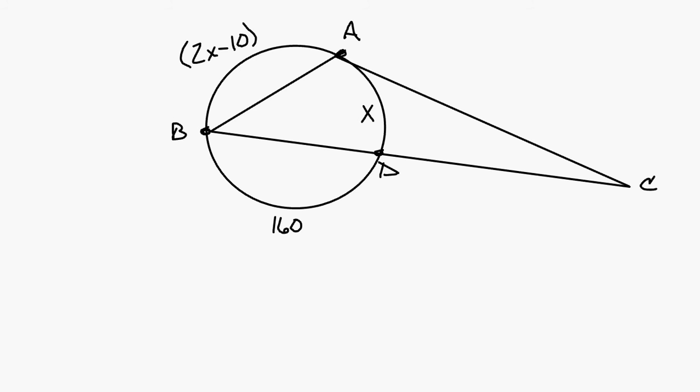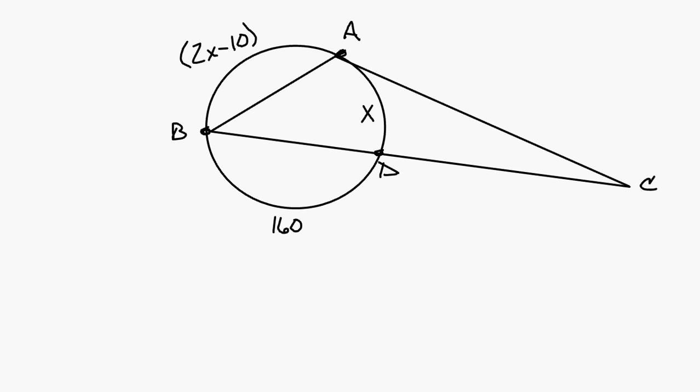You have A to D, and so that's going to be the measurement for angle C. You take 2x minus 10 and you subtract x.